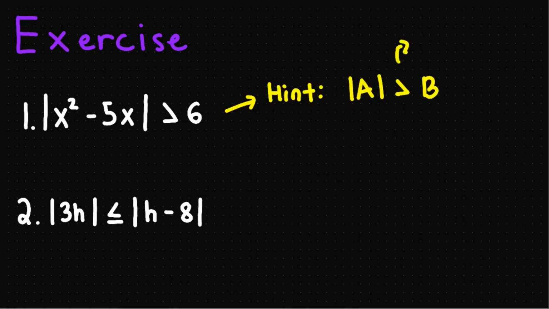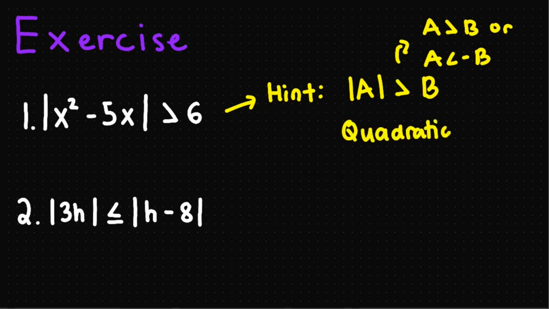So we know that this will become A is greater than B, or A is less than negative B. Then after that, since this time we have a square out here, you'll apply the methods in the quadratic inequality. So you may refer to my video if you're lost in how to solve that one.